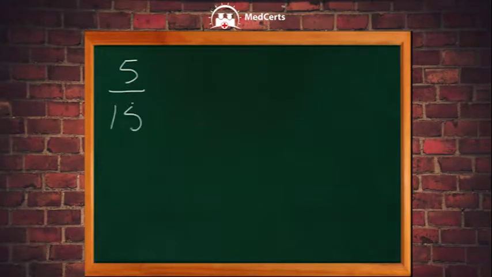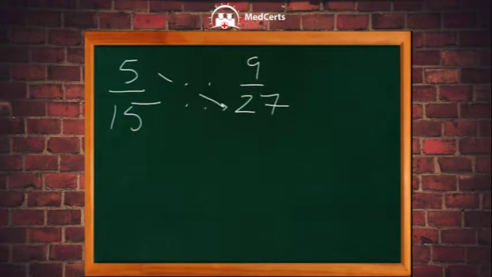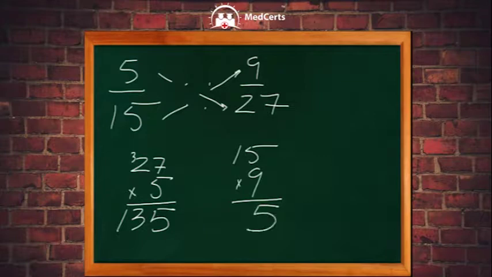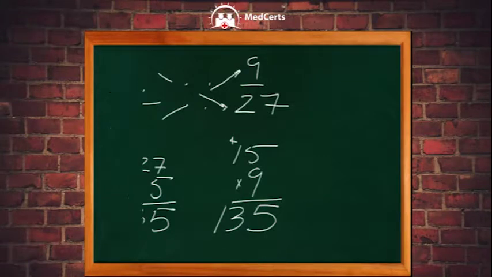If we were to work this problem out, 5 is to 15 in relationship to 9 to 27, we cross multiply. So 27 times 5 is 135. And then 15 times 9 also gives us 135. So this would be a true proportion.